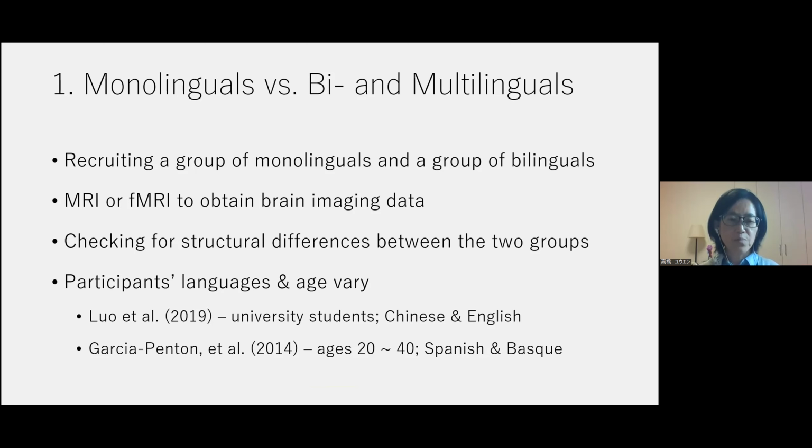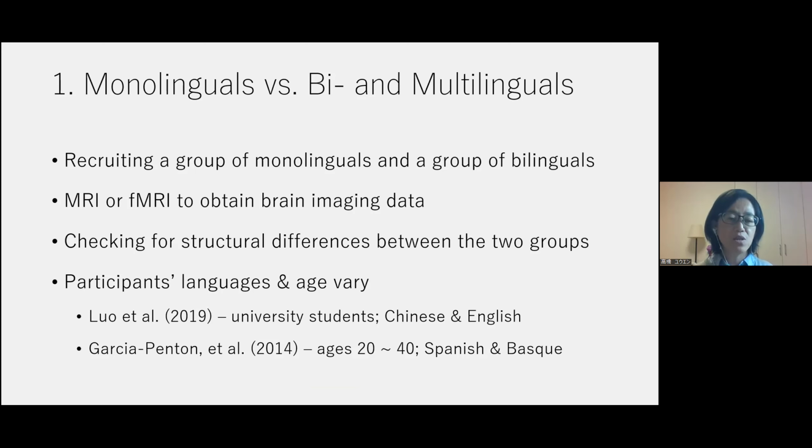For example, in one study in 2019, they used university students. The L1 is Chinese and L2 is English.